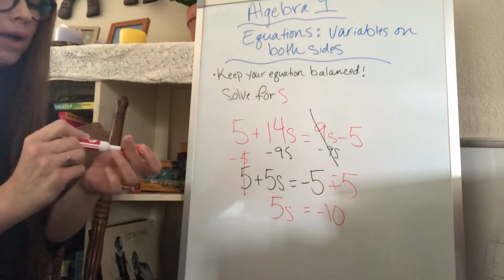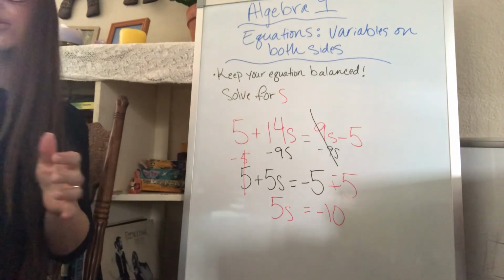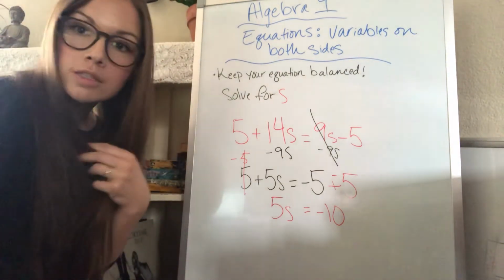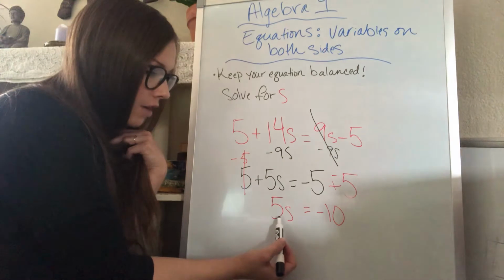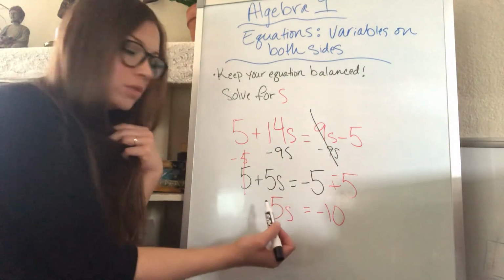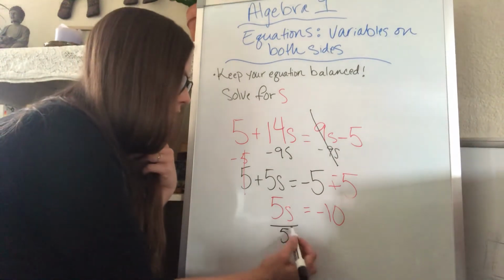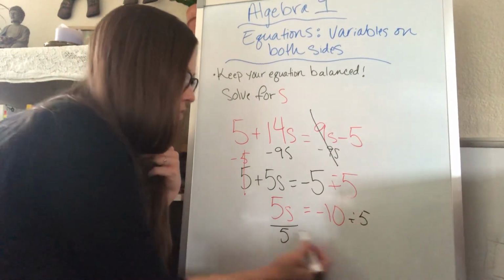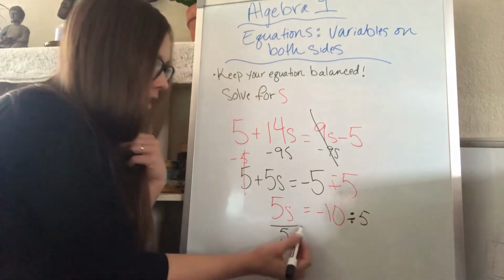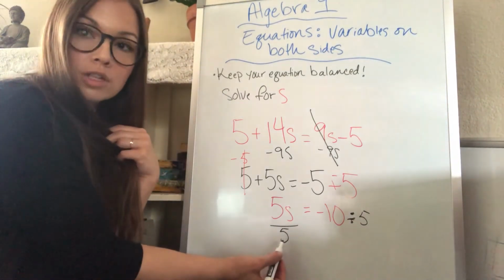So now I'm still unwrapping that variable. I'm undoing what's being done to it, so that means I'm doing the inverse operations. The inverse operation of this 5 being multiplied by the s would be division, right? So I divide by 5, divide by 5. Those are two ways of showing division: this sign that you see a lot, and that fraction bar is also a division line, remember that?